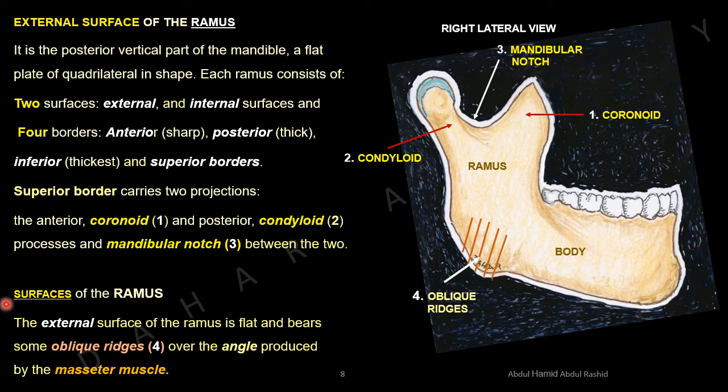Surfaces of the ramus. The first is the external surface of the ramus, which is flat and bears some oblique ridges over the angle, number 4, which are produced by the attachment of the masseter muscle.